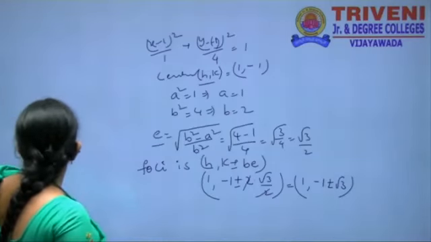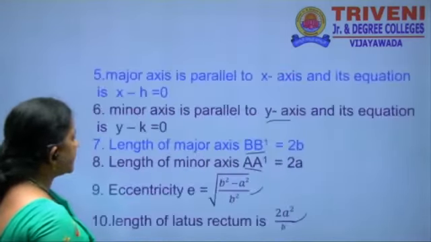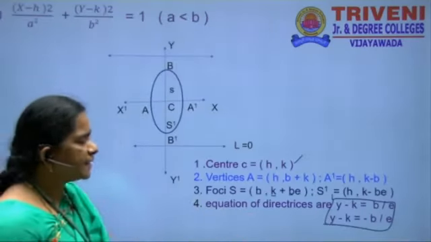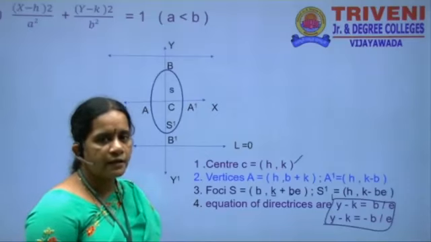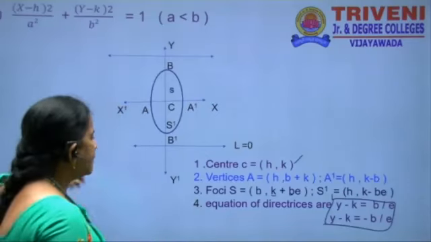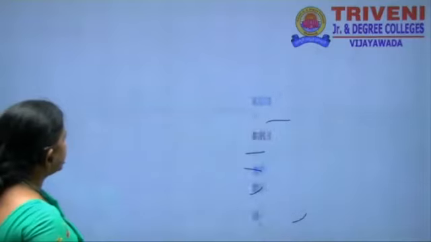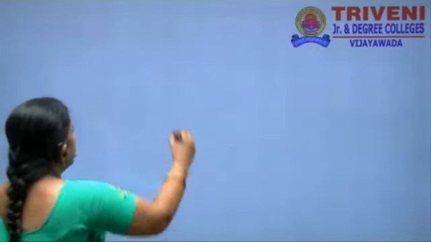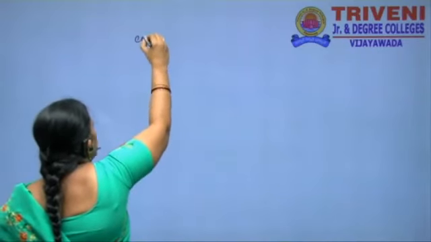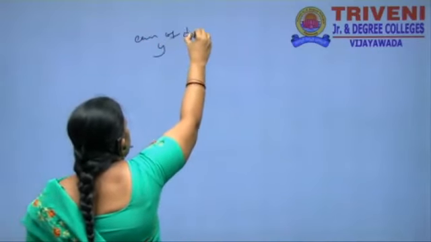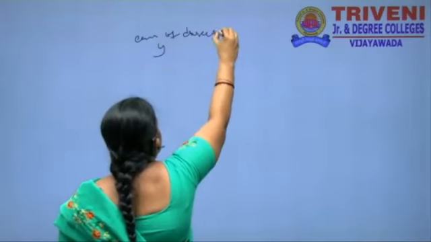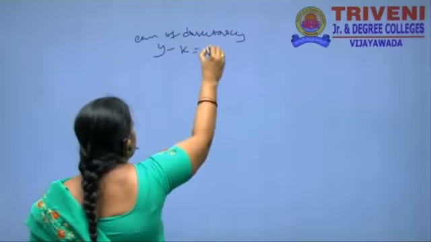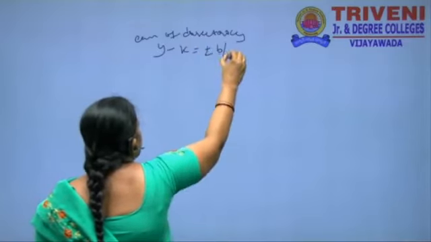And then we have to find the equation of directrices. What is the formula of equation of directrices here? Already you know that equation of directrices is y minus k is equal to plus or minus b by e.